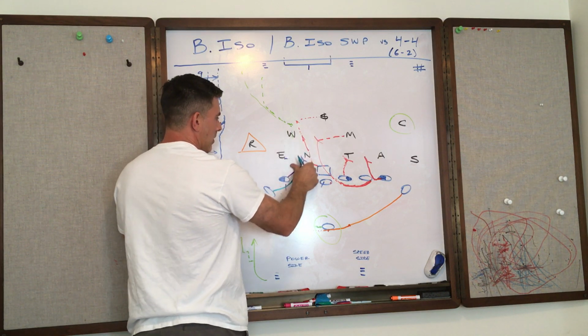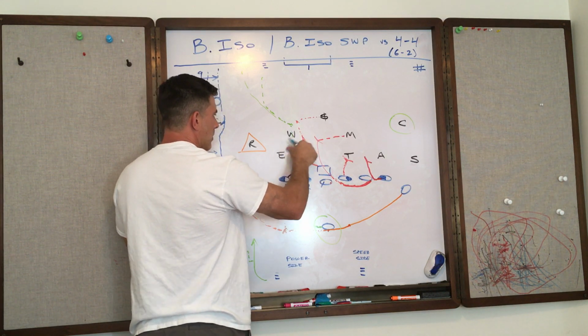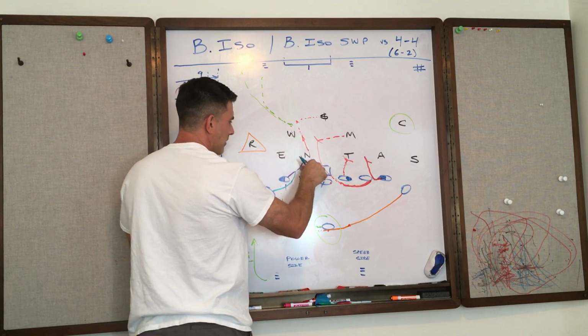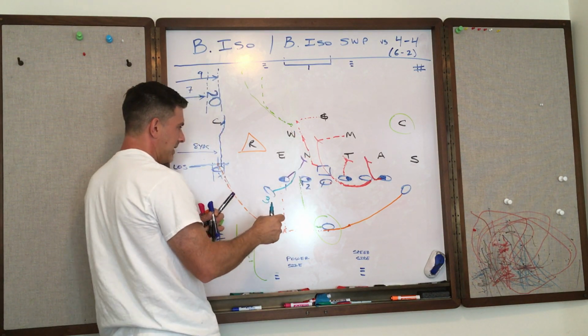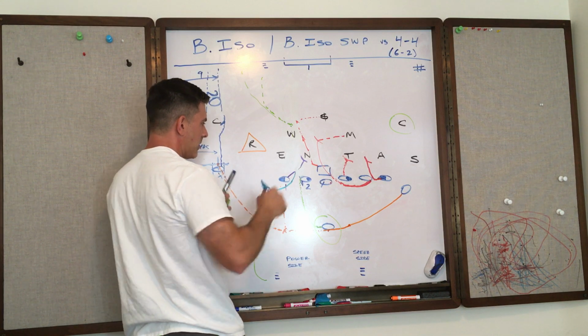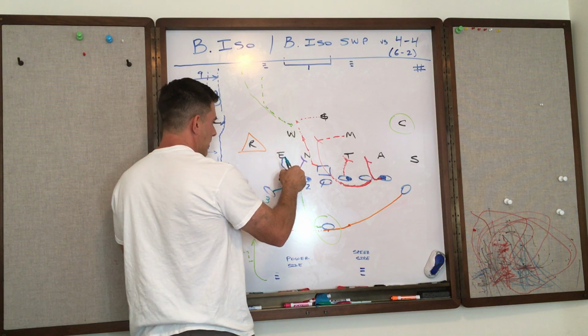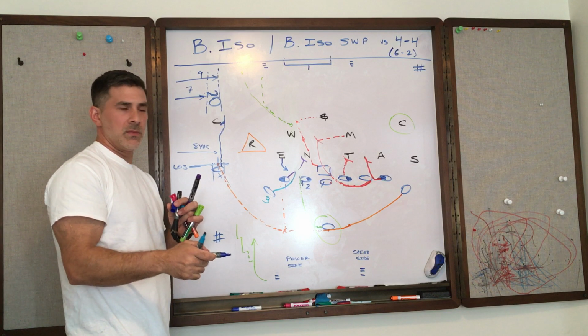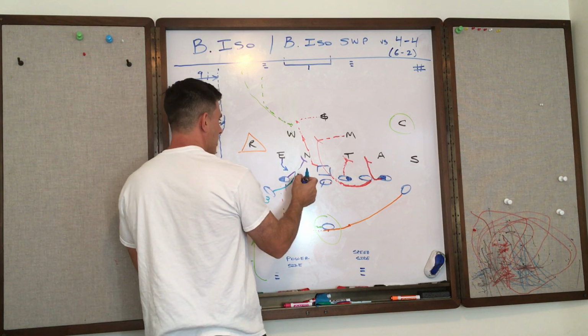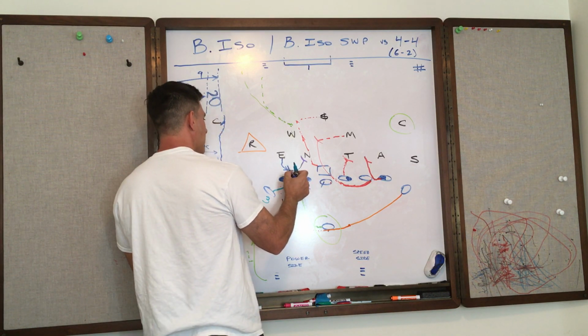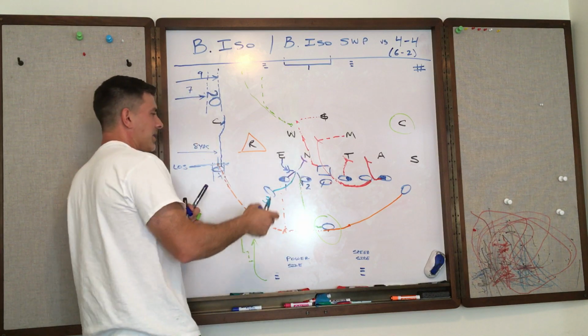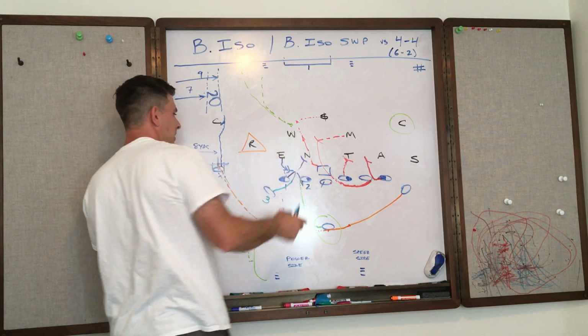So let's say we get a 5 technique up the field. Okay, now the 5 technique is more up the field, and then he's on some sort of inside charge. Now we can let him run around us. We can lose on this side.